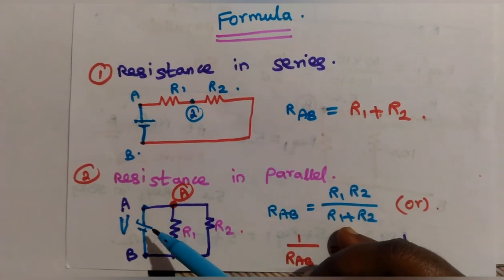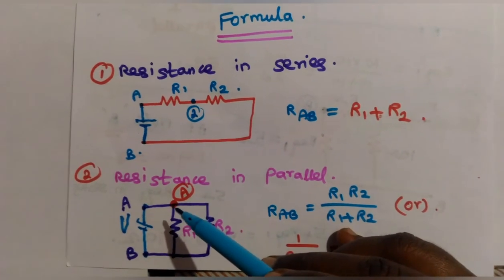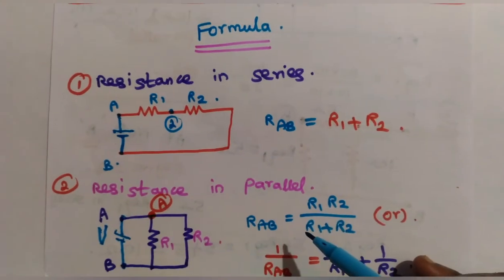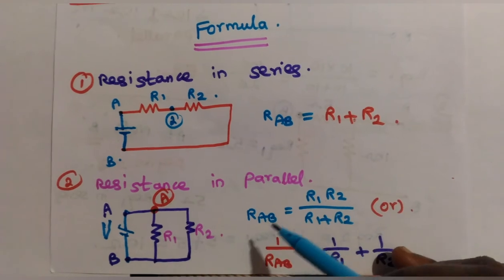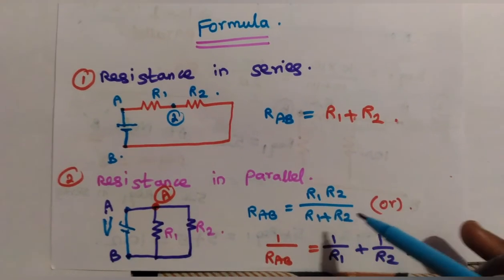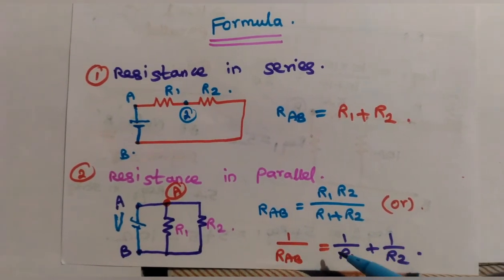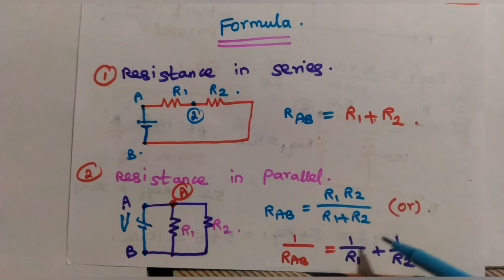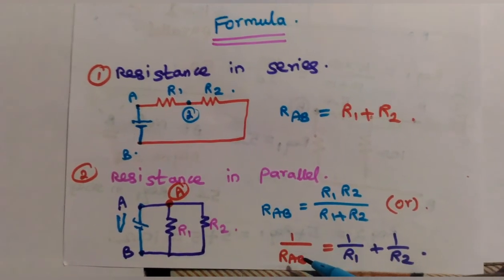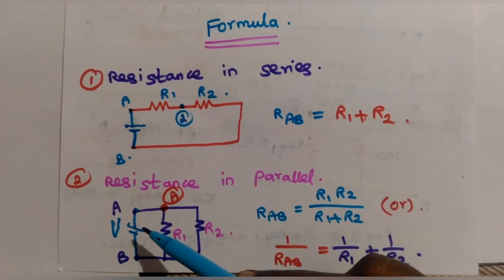At the node point there are three elements connected, so the elements R1 and R2 are in parallel. If the elements are connected in parallel, the equivalent resistance formula is RAB is equal to R1 R2 divided by R1 plus R2. Otherwise, 1 by RAB is equal to 1 by R1 plus 1 by R2. After getting the value, just take the inverse of this 1 by RAB, so that we can get the equivalent resistance across the terminals A and B.